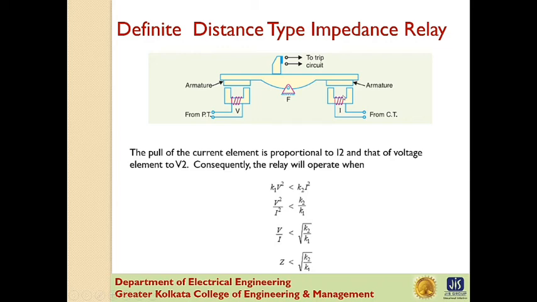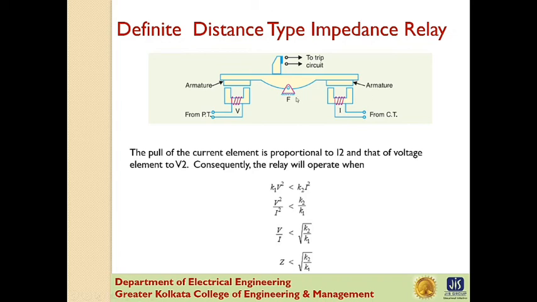The armatures of the two electromagnets are mechanically coupled to the beam on the opposite sides of the fulcrum. The beam is provided with a bridge piece for the trip contacts. The relay is so designed that the torques produced by the two electromagnets are opposite in direction.